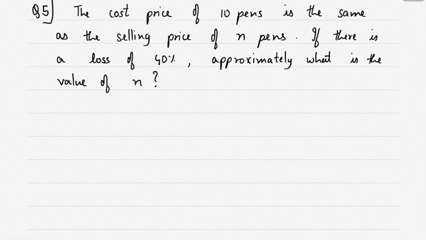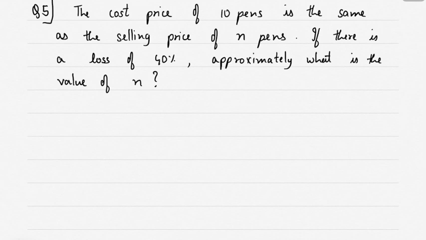Okay, fine. Now in this case, when cost price of some number of pens is equal to selling price of some number of pens, you always take, let the price of each pen be rupees 1.